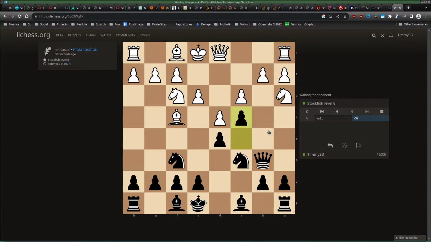Okay, now push this pawn, I guess. Oh boy, that is also not good. Or is it?